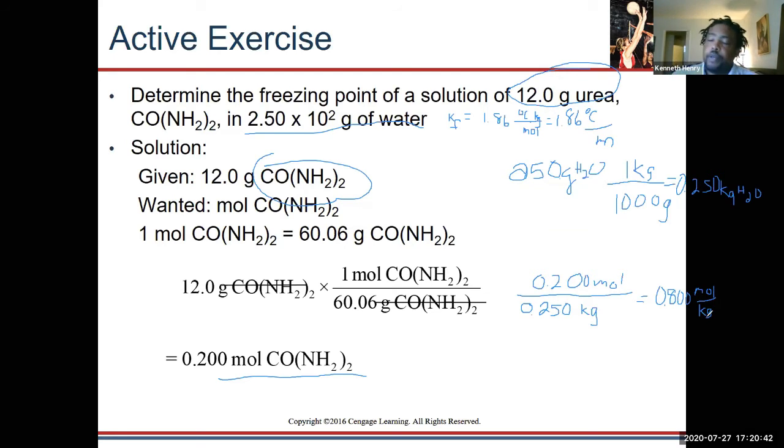Okay, so then this would be our molality. Our delta TF, which is just that change in temperature, is our KF times our molality.